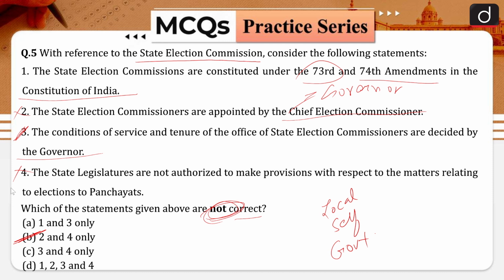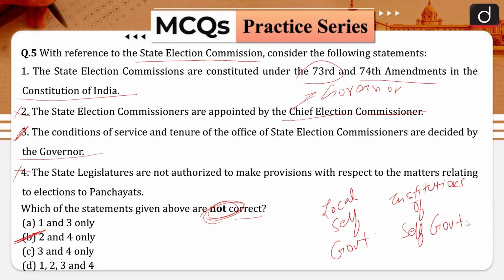The state legislature may endow the panchayats with such powers and authority as may be necessary to enable them to function as institutions of self-government. Because this was the purpose behind the enactment of the 73rd and 74th Constitutional Amendment Act, that we wanted to bring democracy to the grassroots level.